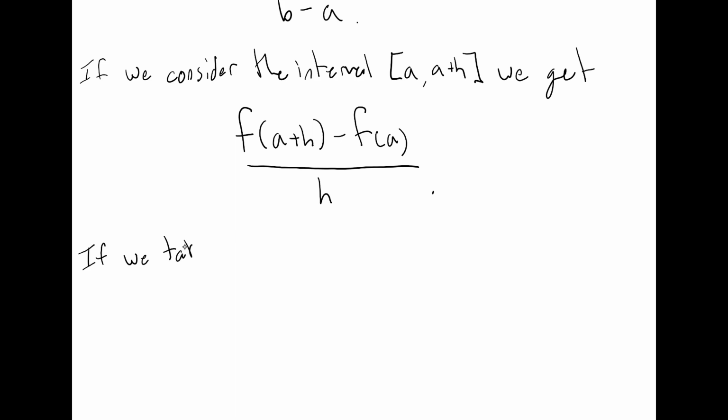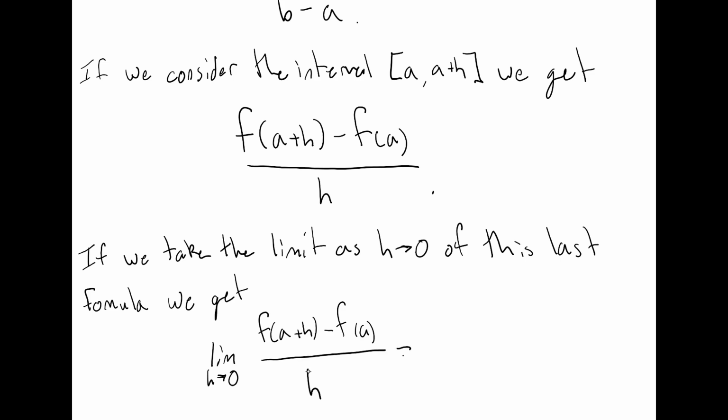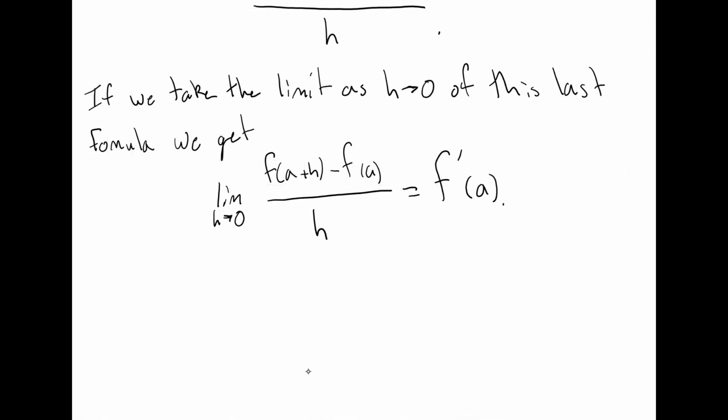If we take the limit as h goes to 0 of this last formula, we get the limit as h goes to 0 of f of a plus h minus f of a over h, which is equal to f prime of a. So we get this derivative at a, right?